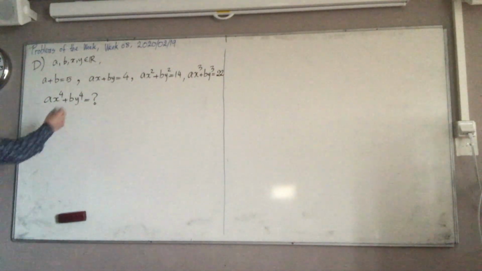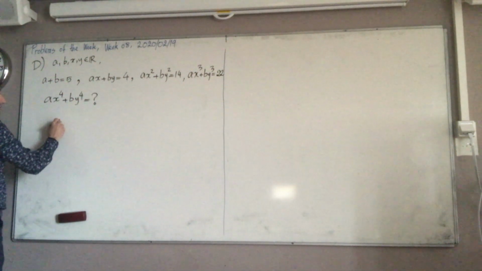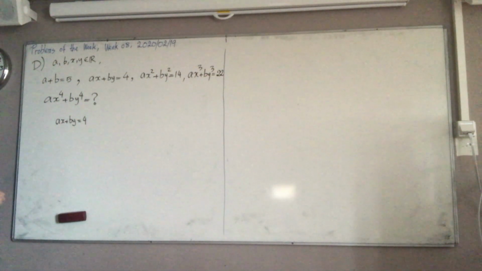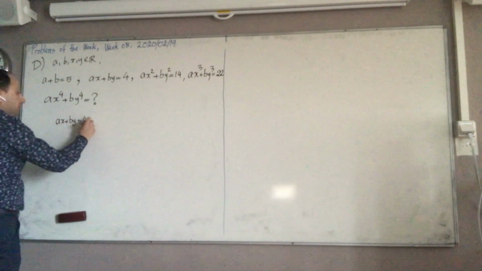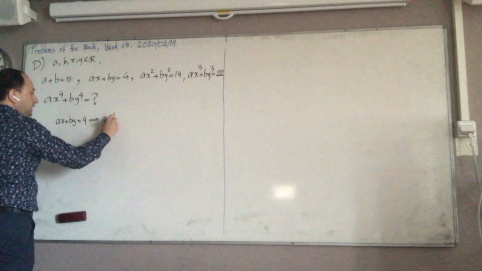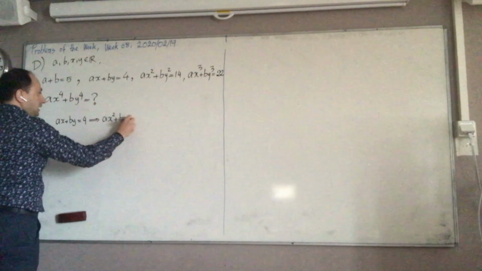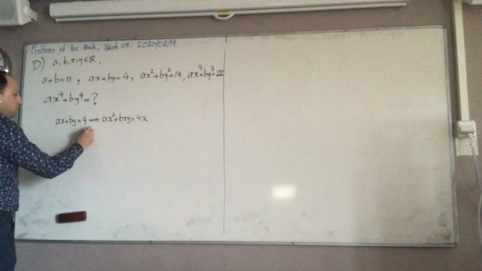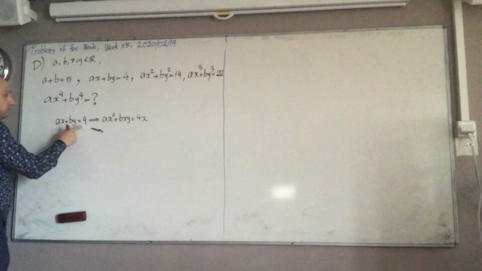So I would say that here I have AX plus BY is equal to 4. I multiply everything on both sides by x. So then I will get AX squared plus BXY, and I have 4x on the right. I also multiply both sides by y this time.